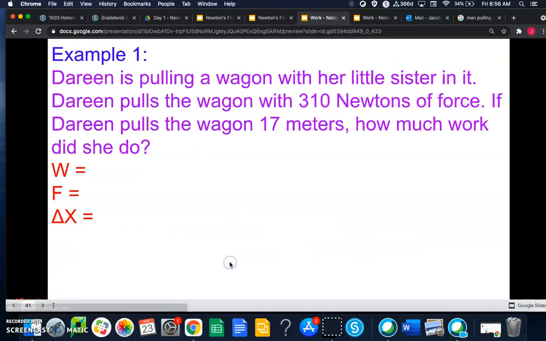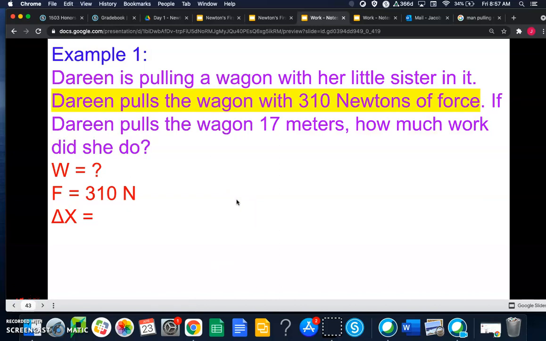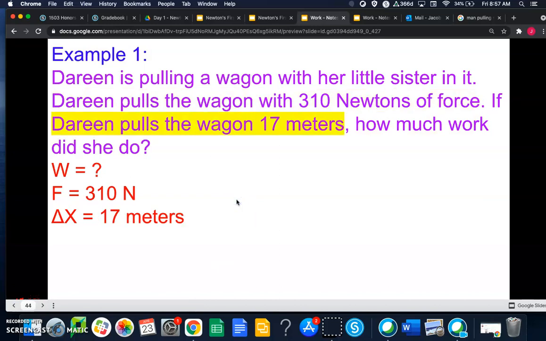Okay, let's go through a couple example problems. Doreen is pulling a wagon with her little sister in it. Doreen pulls the wagon with 310 newtons of force. Doreen pulls the wagon 17 meters. How much work will she do? So we're looking for work. We know the force, that's 310 newtons of force. We know the change in position, that's 17 meters.